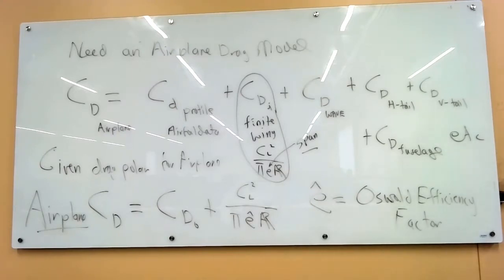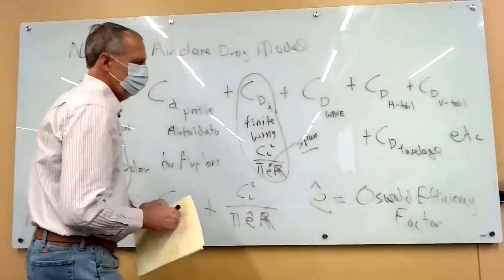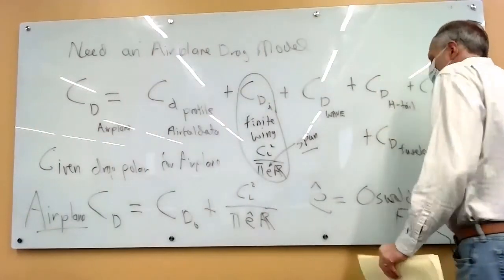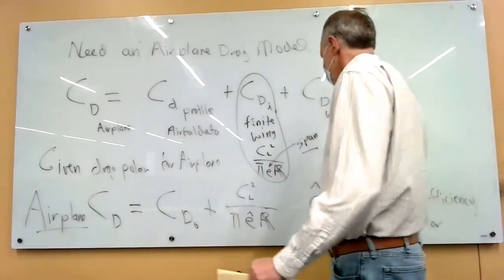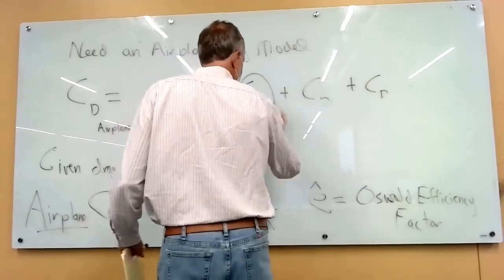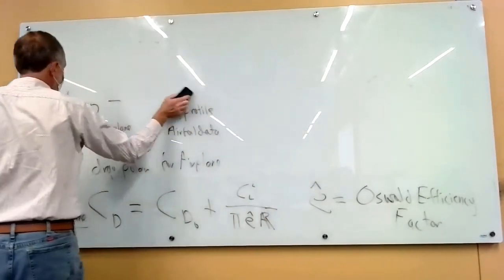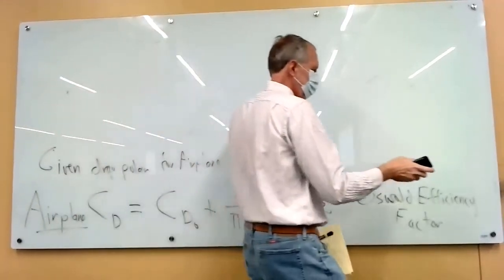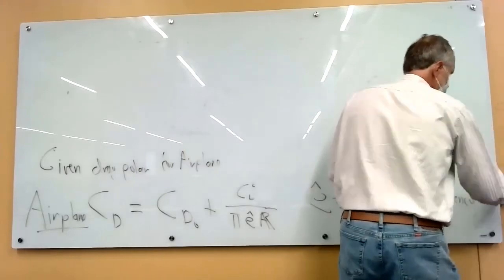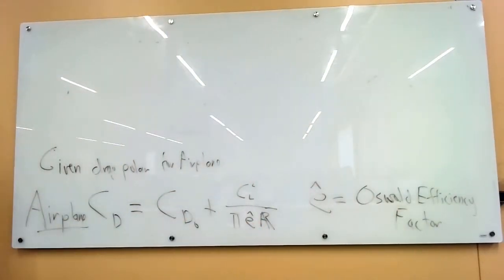Now, if you look at this, if we plot CD versus CL, it's going to look like a parabola because it's squared. So these plots, or this formula, looks a lot like the drag that you see in the plots for the airfoils, because it's airfoil data added up.